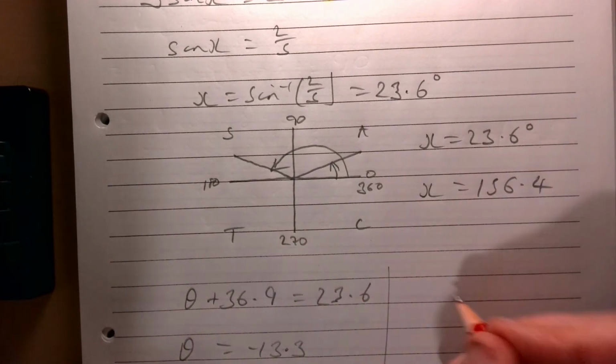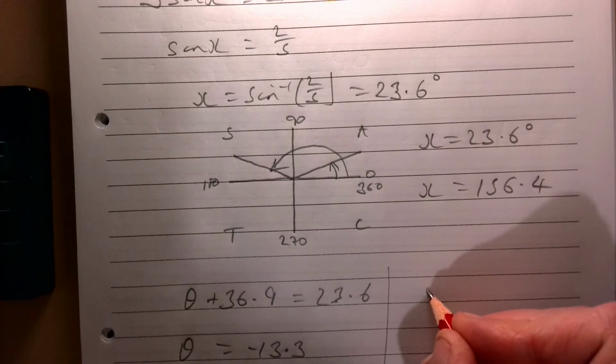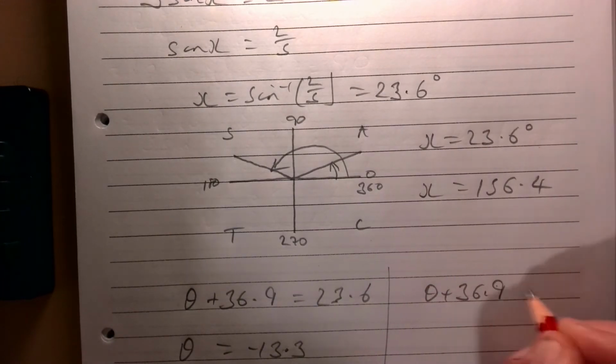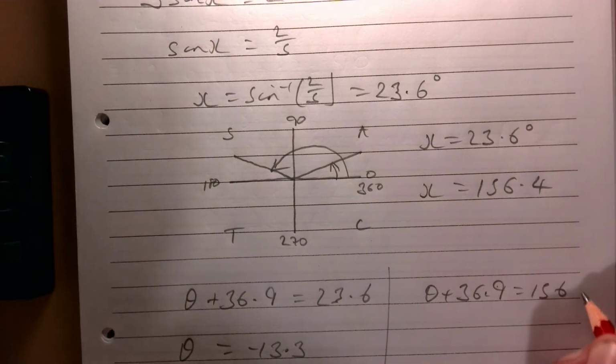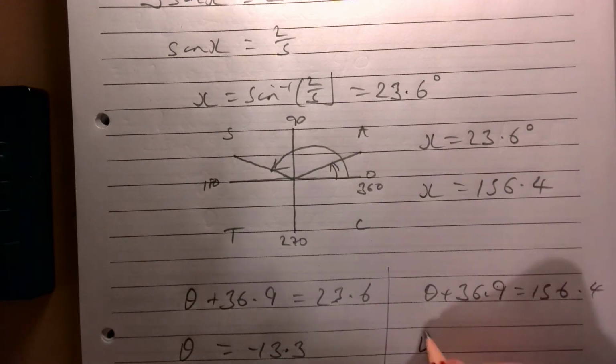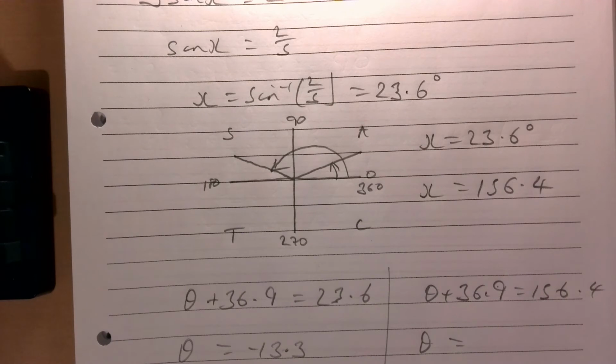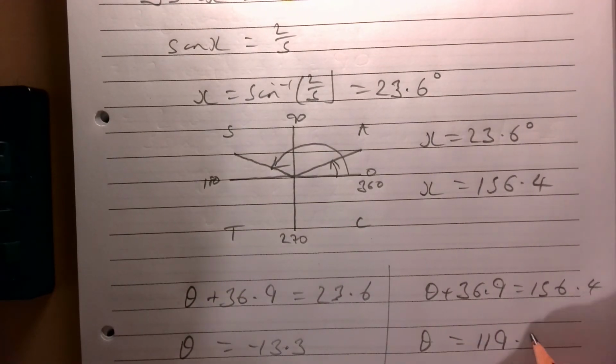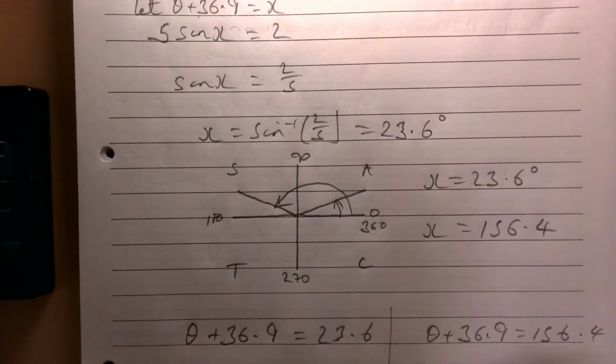And then for the other one, theta plus 36.9 equals 156.4. So theta is 156.4 take away 36.9, and that gives me 119.5. So my two angles are minus 13.3 and 119.5.